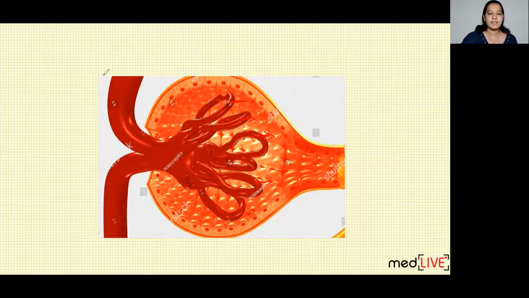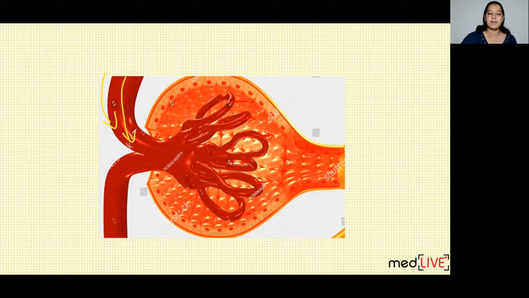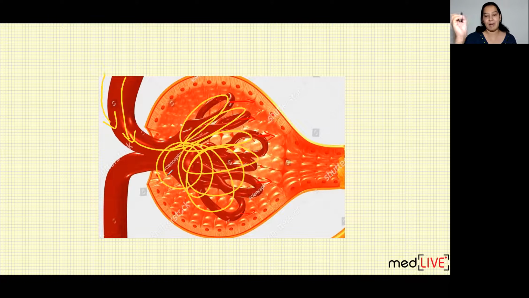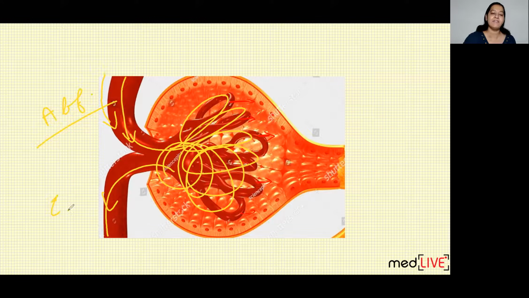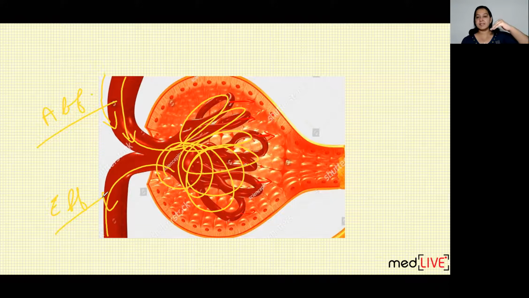So here you can see this is the afferent arteriole. The blood is coming inside through the afferent arteriole, forming a tuft of multiple capillaries, and it is exiting out in the form of efferent arteriole. So this is afferent arteriole going inside the Bowman space, and this is efferent arteriole. Now listen, afferent arteriole is coming, blood is entering into the tuft of capillaries.